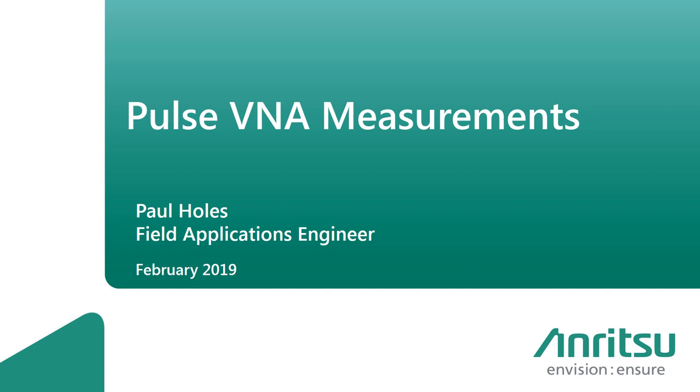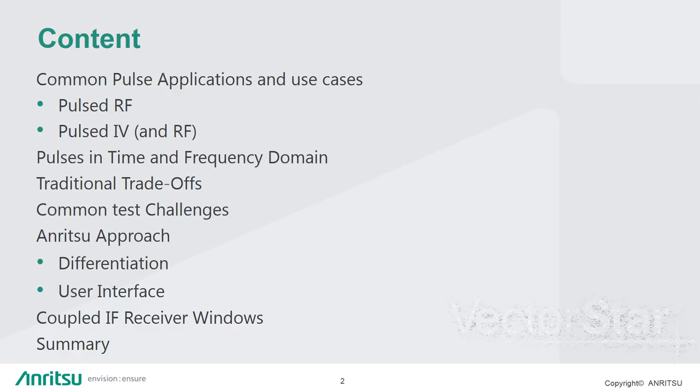This podcast is about pulse VNA measurements. The topics we are going to discuss today are common pulse applications and use cases, including pulsed RF and pulsed IV with associated RF.